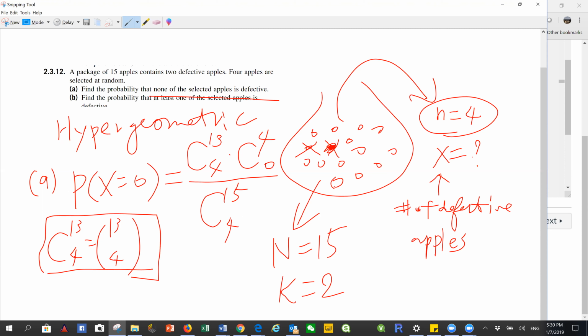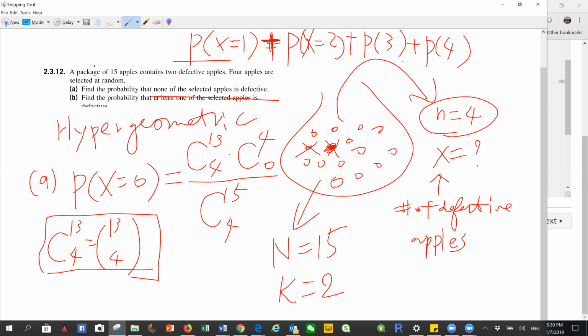At least one means probability X equal to 1, plus X equal to 2, plus X equal to 3, plus X equal to 4. Can there be 2? Yes. Can there be 3? Yes. Can there be 4? Yes.